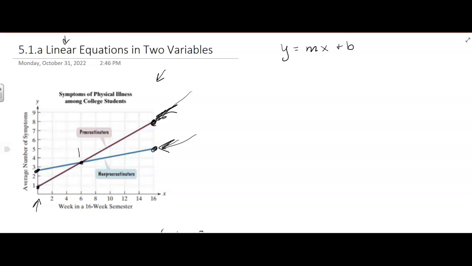So at that point, both the procrastinators and the non-procrastinators have the same input and output. It looks like it is at about week 6, and they're both averaging about, maybe 3.5 symptoms on average. So this is the type of idea that we're looking at, not just one equation.